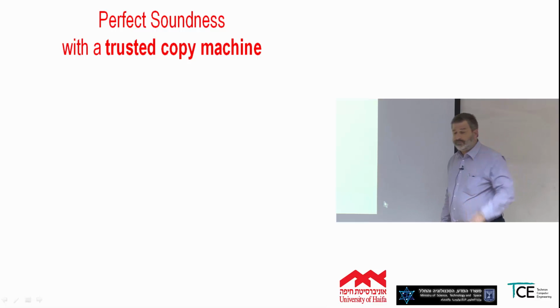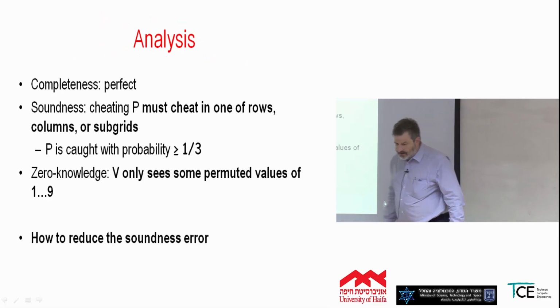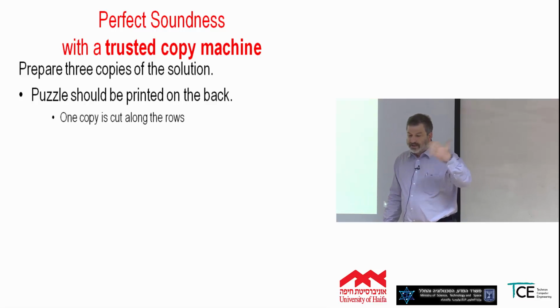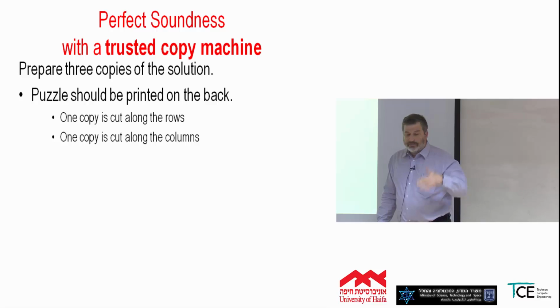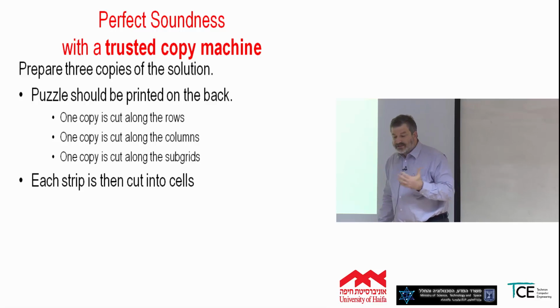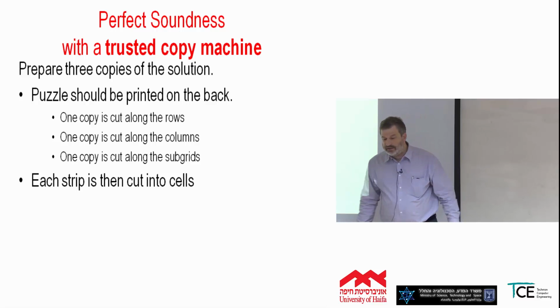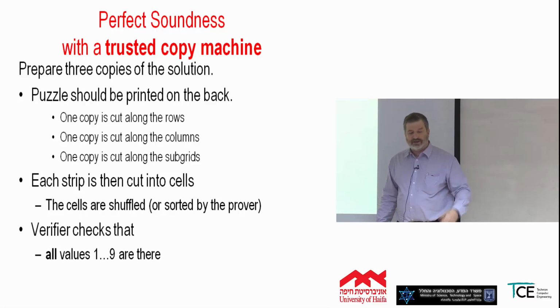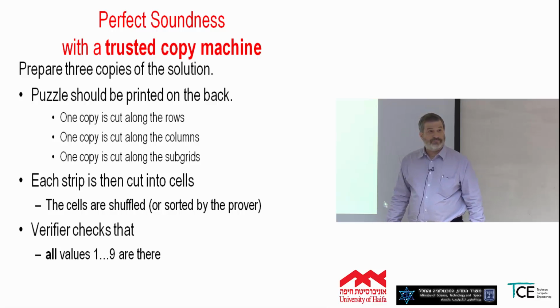we don't need any probability of error, because we prepare 3 copies of the solution. The puzzle should be printed on the back. 1 copy is cut along rows, 1 copy is cut along the columns, and 1 copy is cut along the subgrids. And each strip is then cut into cells, and the cells are shuffled or sorted by the prover, and then you verify that all the values 1 through 9 are there.